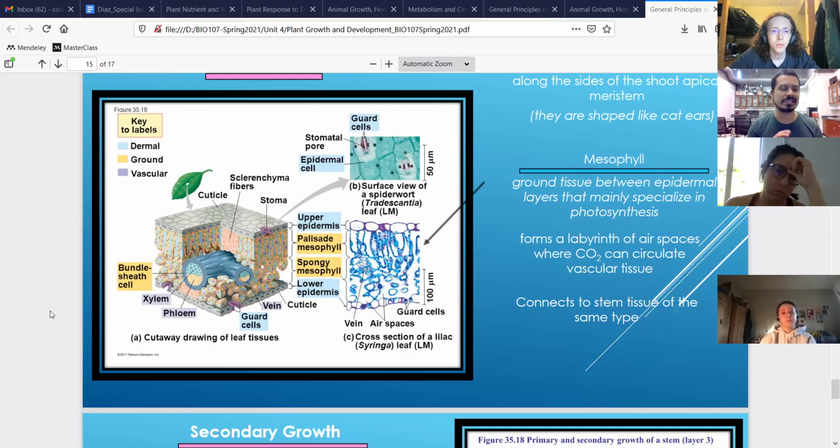And so all of these conditions that may be very localized are going to have to come with an innate response from the plant.